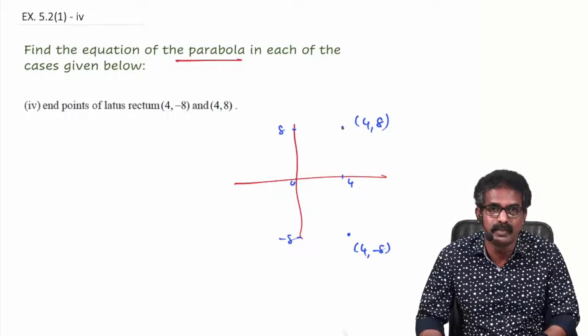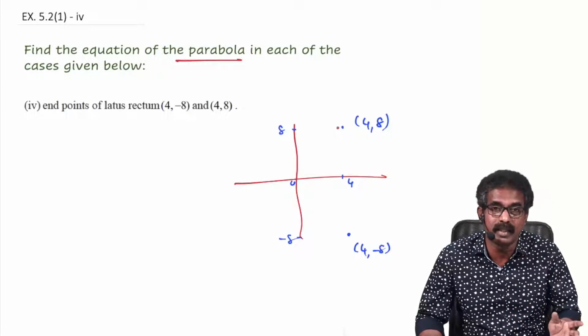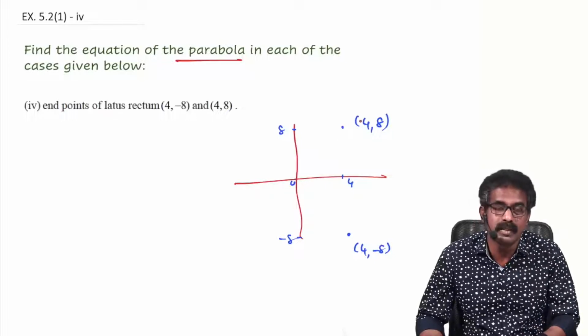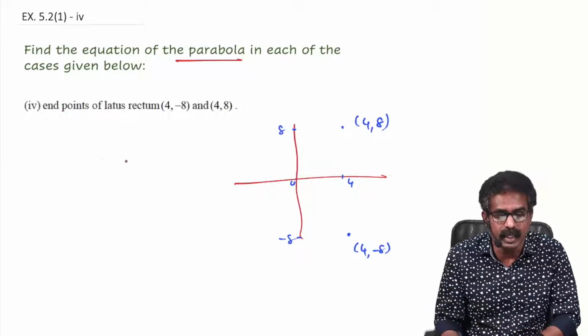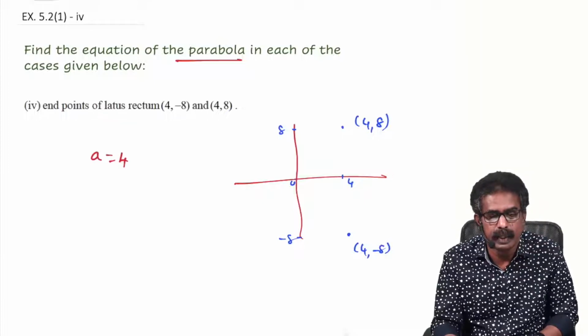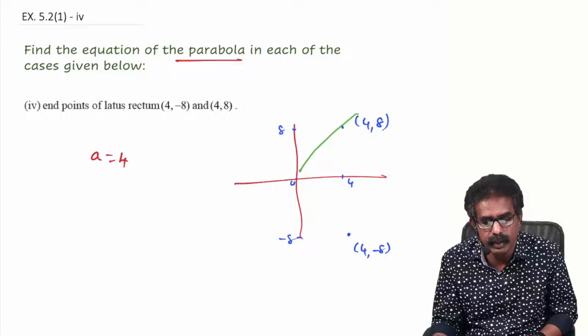You're remembering the formula? Length of the latus rectum, equation of the latus rectum. What is latus rectum? Perpendicular focal chord. That is latus rectum, right? Endpoints of the latus rectum, (a, 2a). So here a equal to 4. So we draw the parabola. So it must pass through this (4, 8), right?